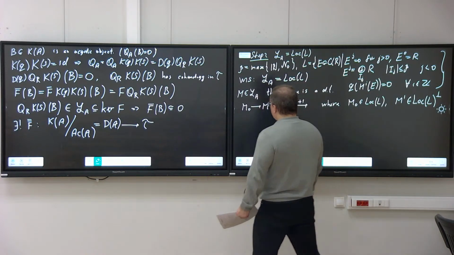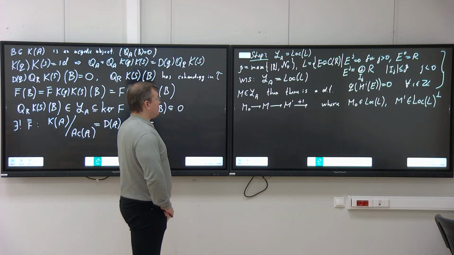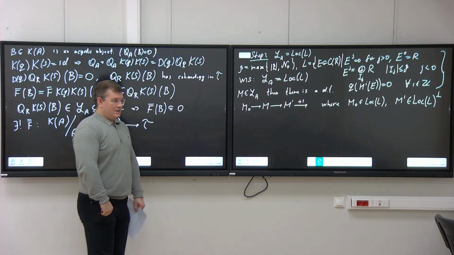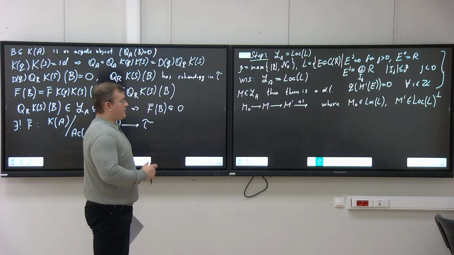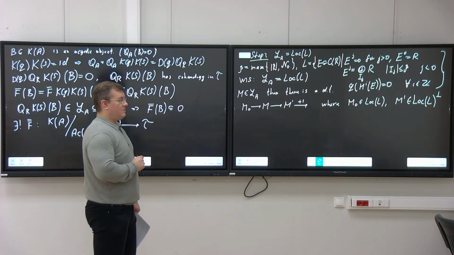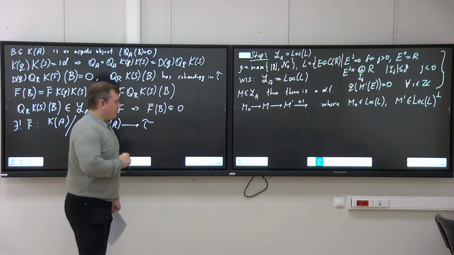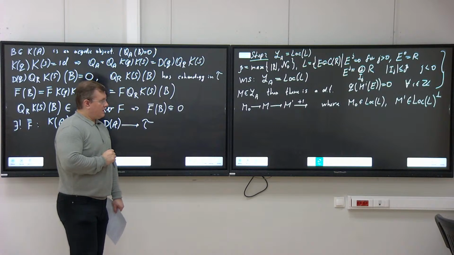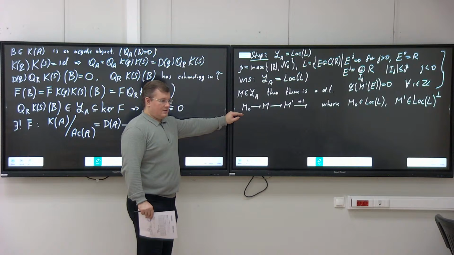Right. So why does this distinguished triangle exist? Well, that is because we now work in the derived category of the ring, right? And we proved last time that if you take a localizing subcategory generated by an object, then we have such a triangle, right?